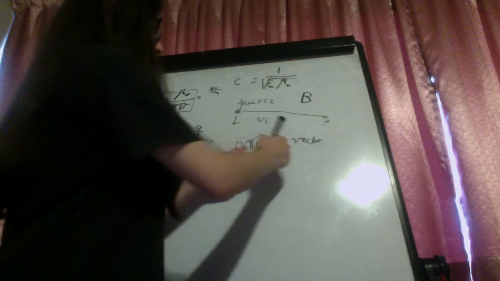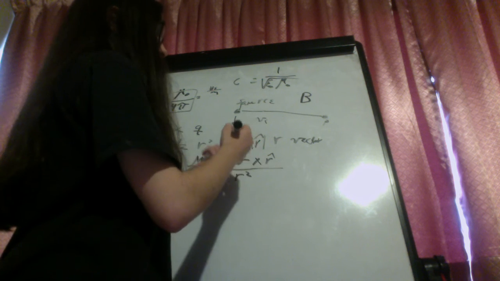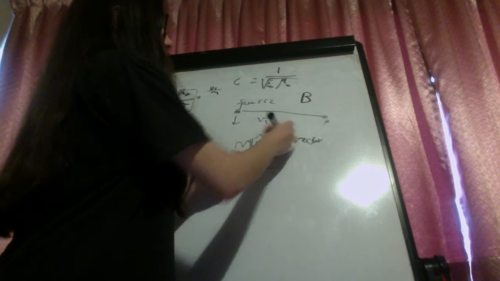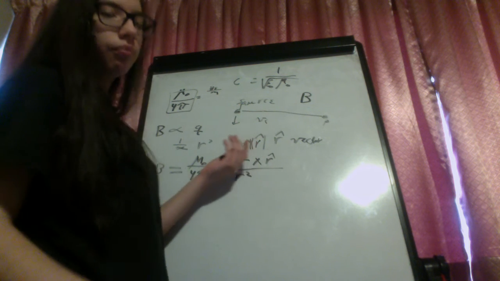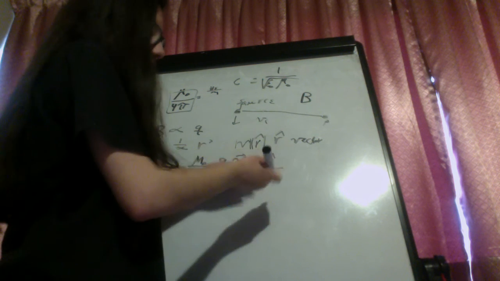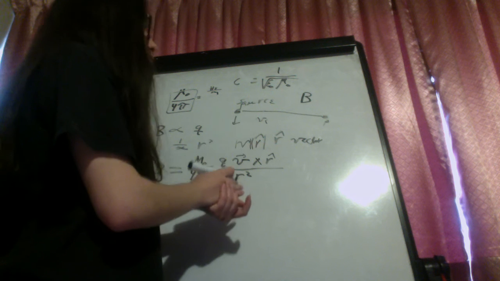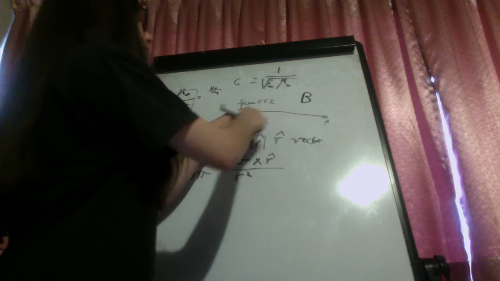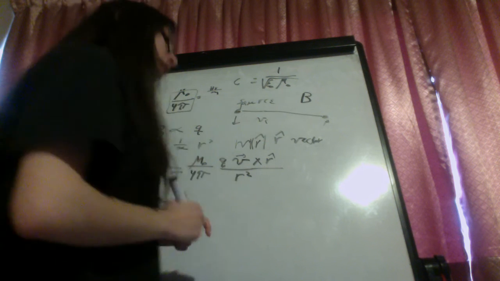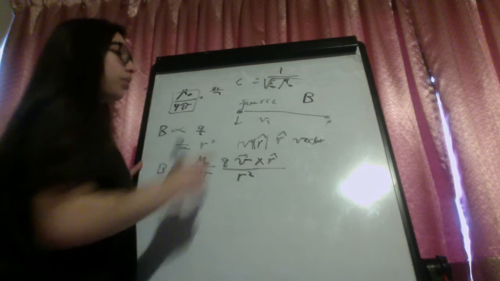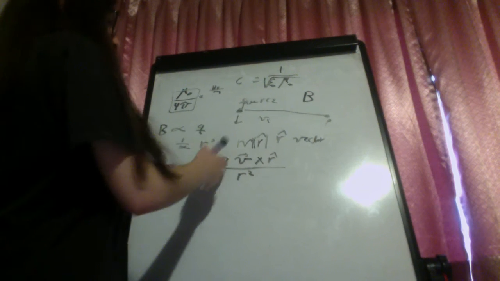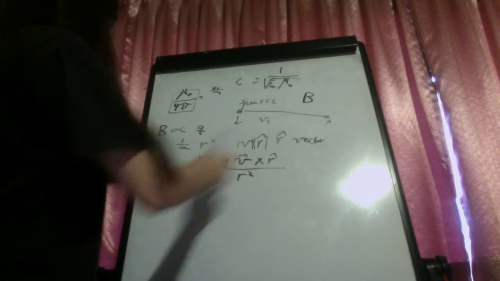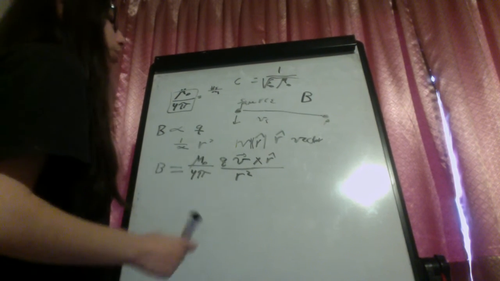So our unit r vector is defined as a vector whose magnitude is just 1, but it is in the direction perpendicular to the plane in which this line and the velocity lie. So that is our r vector, and this is the magnetic field. We need to take the cross product.